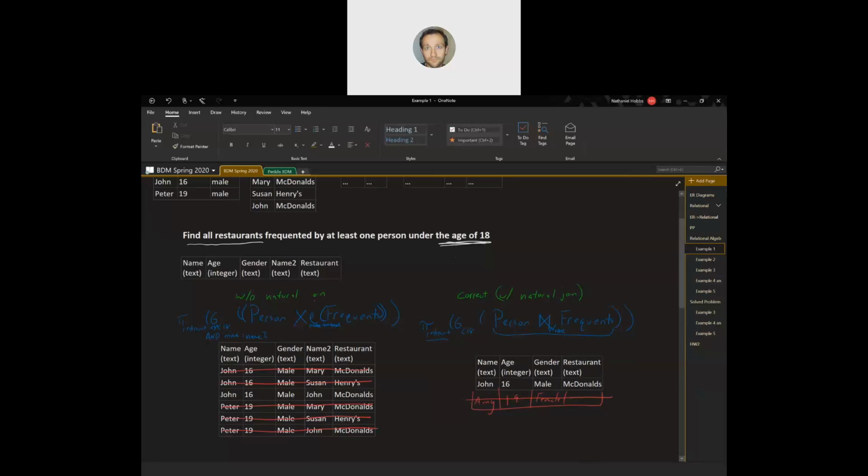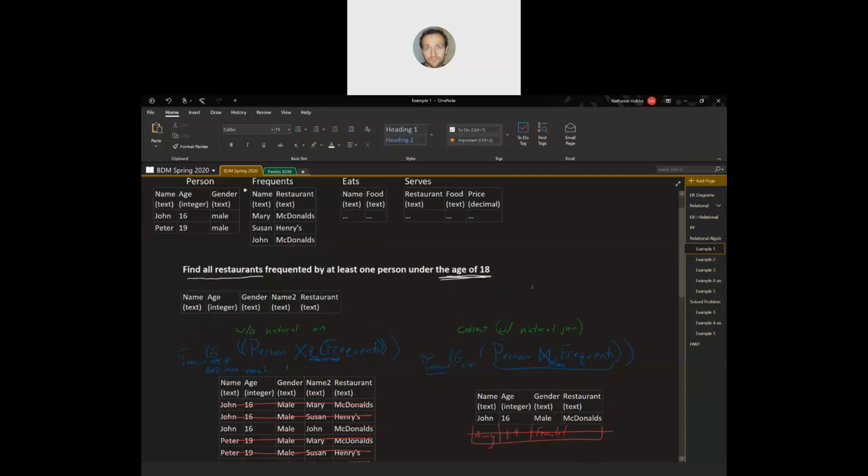So what's happening with the natural join is that you have a select, and it's sort of combining a cross product and a rename operation, sort of behind the scenes. So here, the natural join looks at, so this is going to be between the person relation and the frequents relation. Here I'm writing the name attribute.